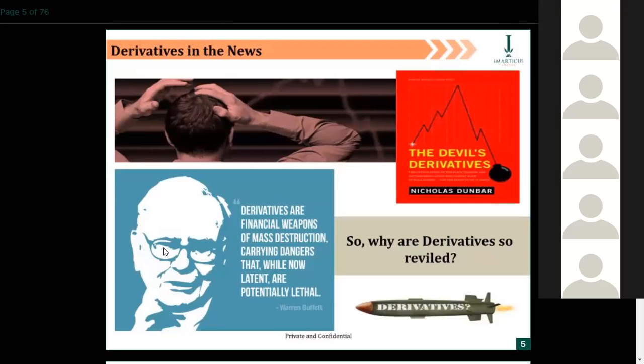then there is one quote from Warren Buffett: "Derivatives are financial weapons of mass destruction, carrying dangers that, while now latent, are potentially lethal." Maybe you have heard this quote earlier. This quote shares the view of Warren Buffett. He personally does not like derivatives much.